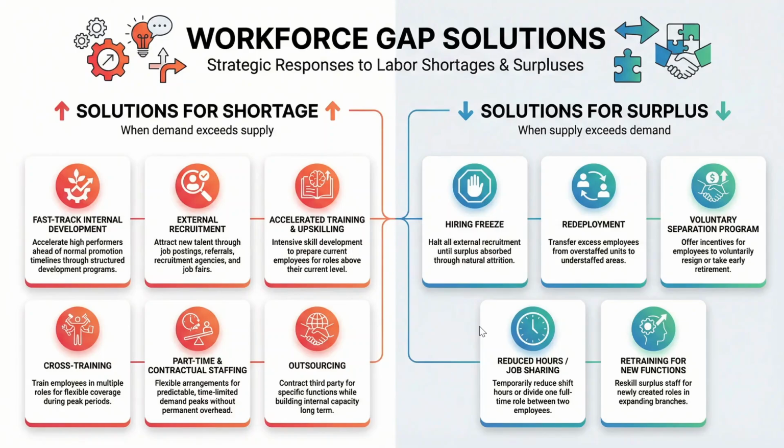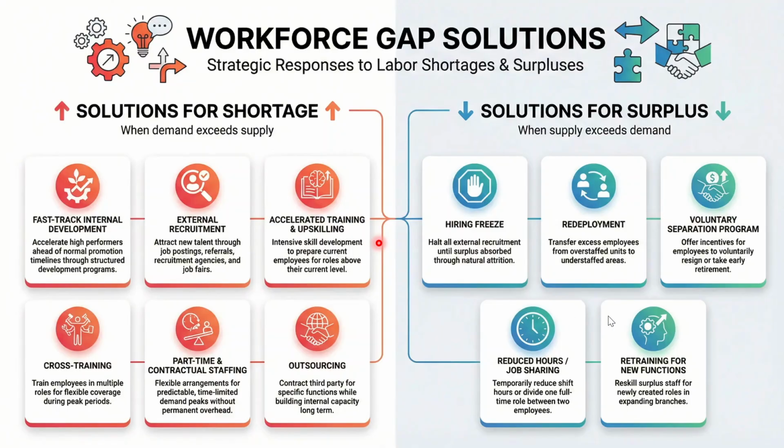Pag masyadong marami, when you have too many people, pwede kang mag-hiring freeze. Okay? Huwag ka munang mag-hire, and then kapag meron mga nag-resign, nag-retire, huwag kang mag-hire, yung mga extra sila yung ilagay mo doon para ma-reduce yung headcount without active termination, mga ganyan. Okay.